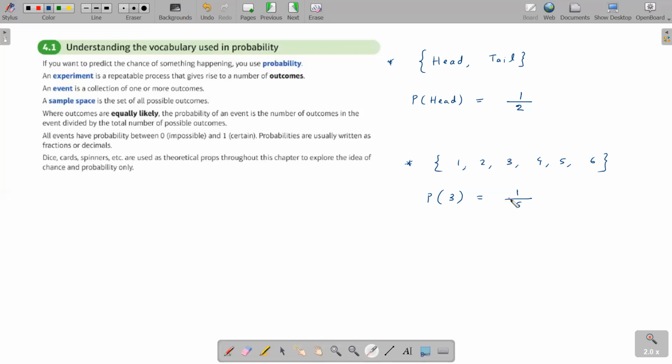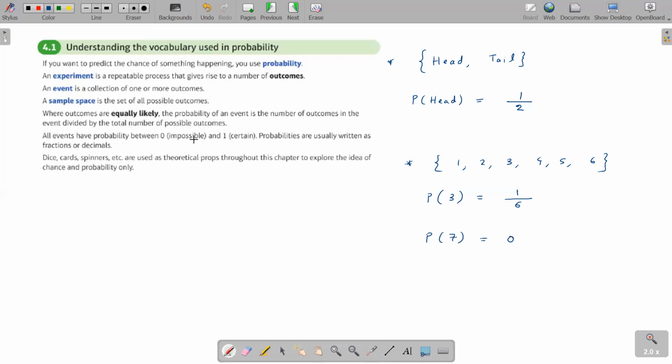If a certain event has a probability of 0, it means that event is never going to happen. For example, what's the probability of getting 7 here? If I toss the dice, is there any chance that I will ever get a 7? No. So it's zero probability, because that's something that will never happen.